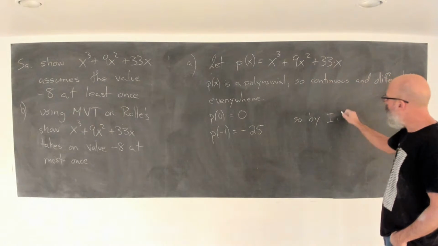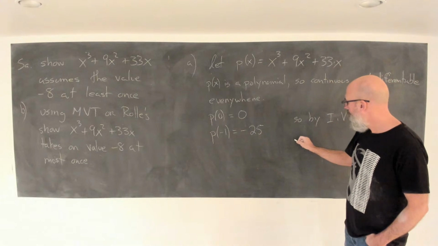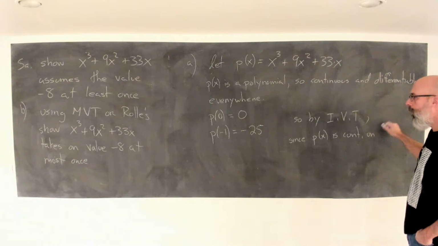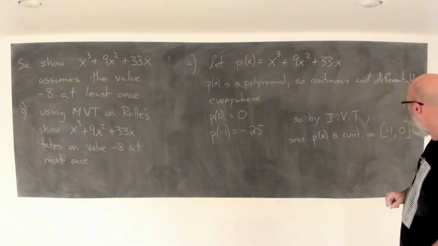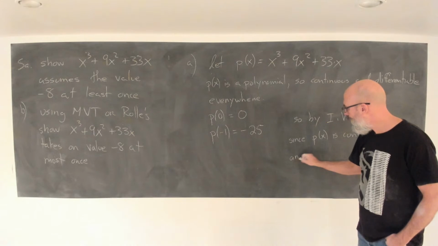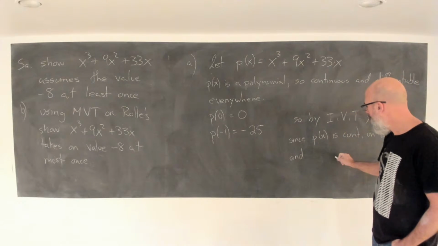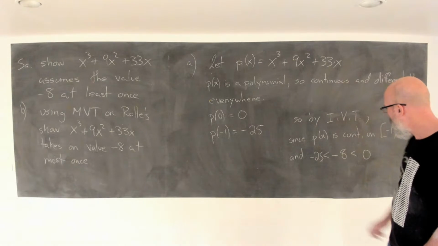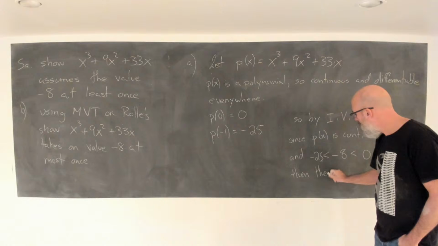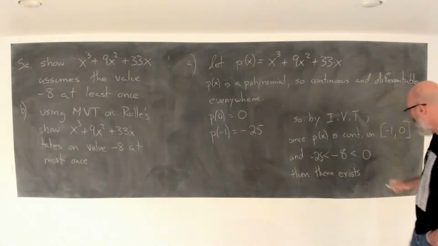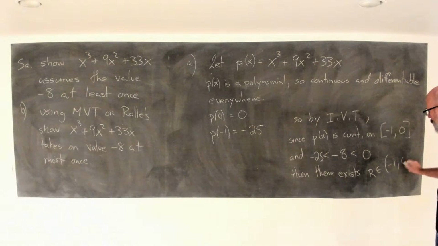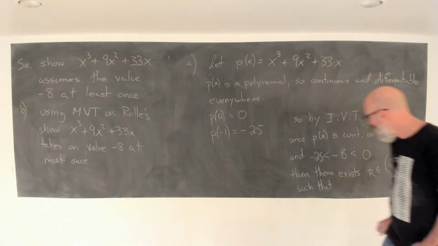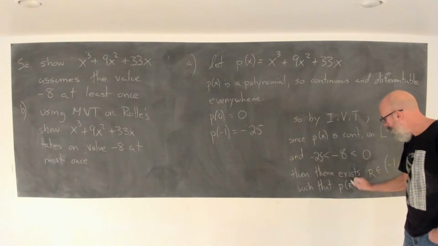So by the intermediate value theorem, since P of x is continuous on the closed and bounded interval -1 to 0, and -8 is between -25 and 0, then there exists a value r in the interval -1 to 0 such that P of r is -8.